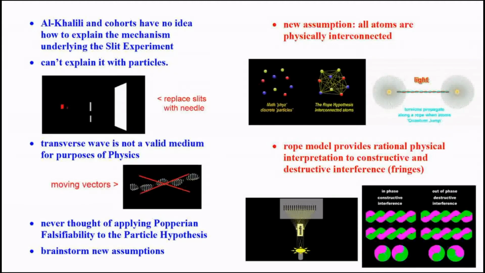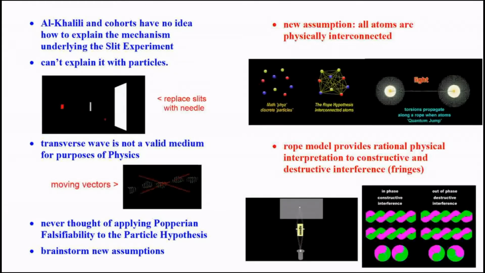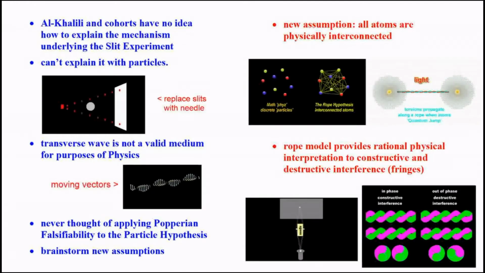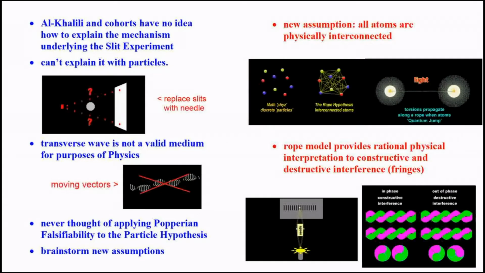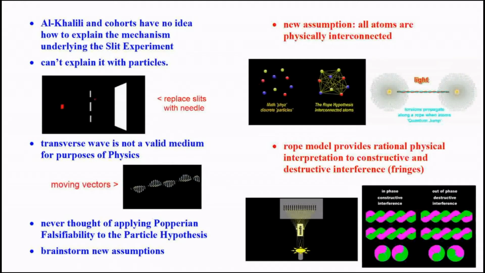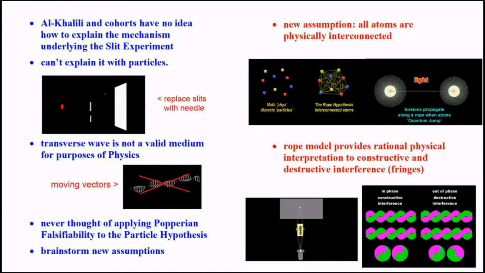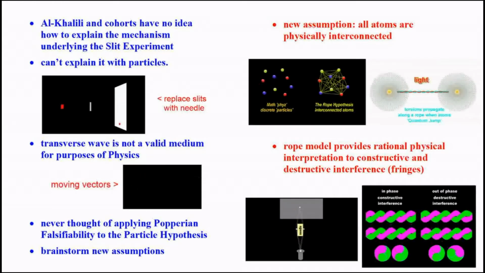So if they impinge on the electron shell where they fork out, if they impinge in phase, then you have constructive interference. They pump the atom stronger. In other words, they relay the high frequency from the source. And if they are out of phase, then you have destructive interference. So it's a physical mechanism.